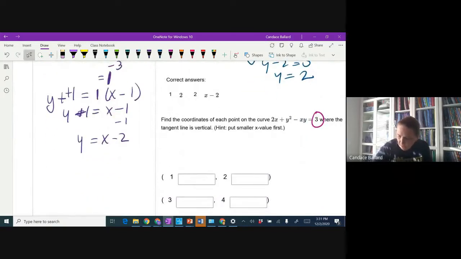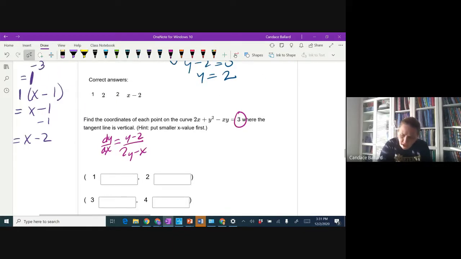All right, so I'm going to rewrite the dy dx here so we can see it. So we've got y minus 2 over 2y minus x. All right, where the tangent line is vertical. Okay, so if I have a vertical tangent line, that means that it is undefined slope.